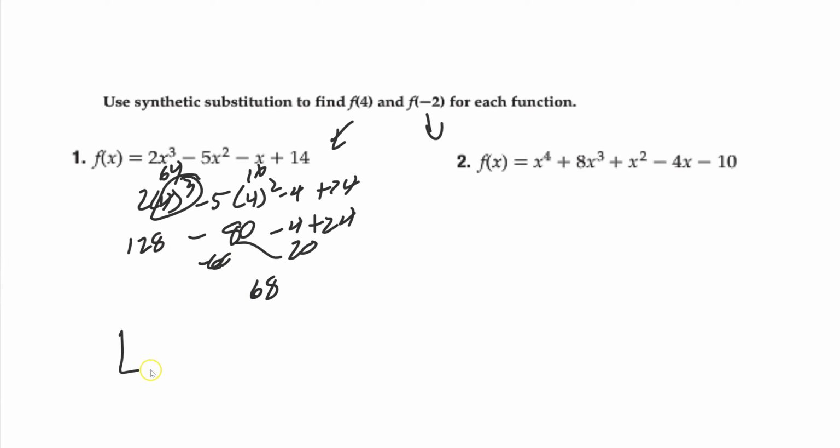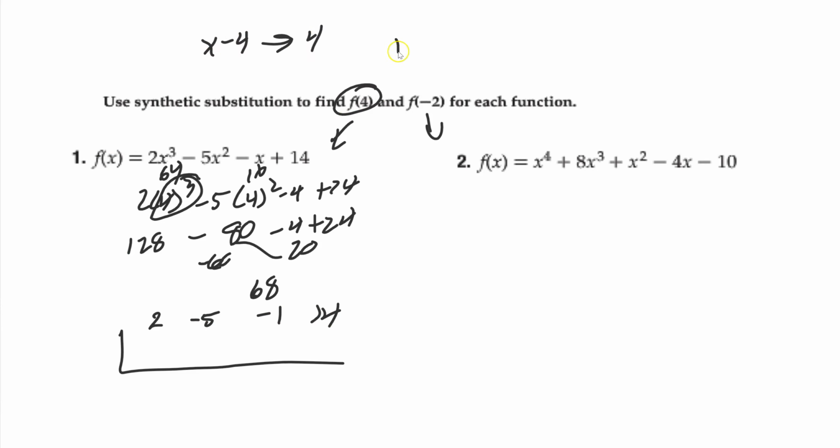Or you can do synthetic division. So we have 2, and put the coefficients, negative 5, negative 1, and 14. Now, since they want me to figure out what f of 4 is, I do not switch it. If they gave me x minus 4, you'd switch it to 4. But if they give you f of 4, just use 4. And let's see if we remember synthetic division. You bring the first one down, you multiply across, you get 8.